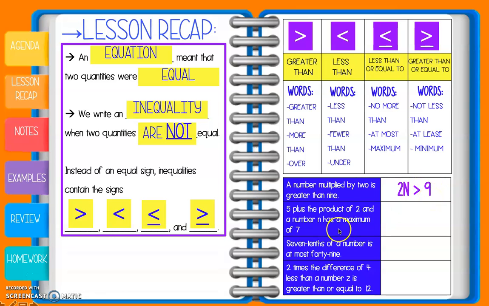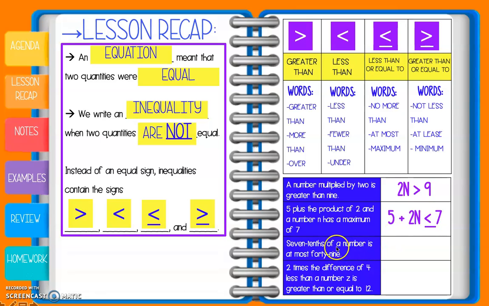Okay. 5 plus the product of 2 and a number n has a maximum of 7. So we have 5 plus 2n, that part we did in our last unit, and it says has a maximum of. If it has a maximum, we know that it's going to be less than or equal to 7. Okay, so our expression says 5 plus 2n, or the product of 2 and n, is less than or equal to, because it has a maximum of 7.